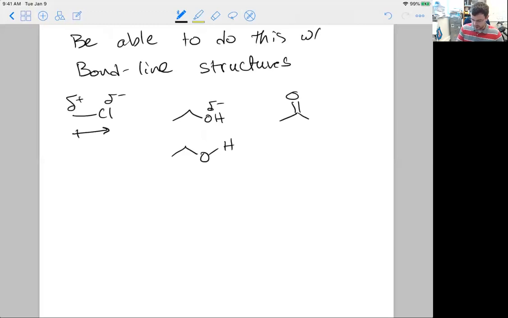So we have delta minus on the oxygen. I've drawn this second molecule in two ways. So we have a delta minus on the oxygen atom in both cases. You can see that putting the delta plus on the hydrogen is really only productive if you show the bond that's connecting the oxygen to the hydrogen atom. So going from carbon to oxygen, we have a delta plus to delta minus in both cases.